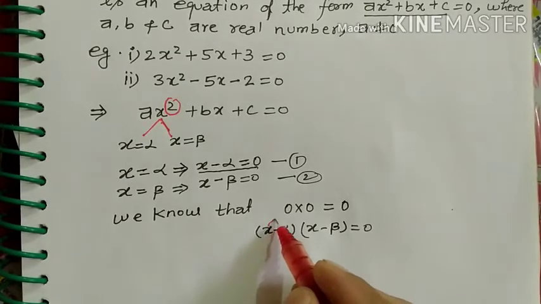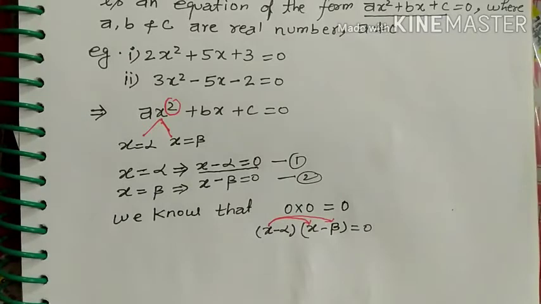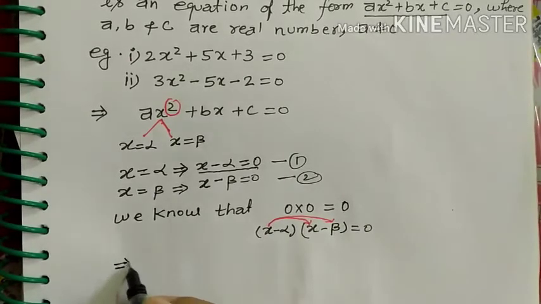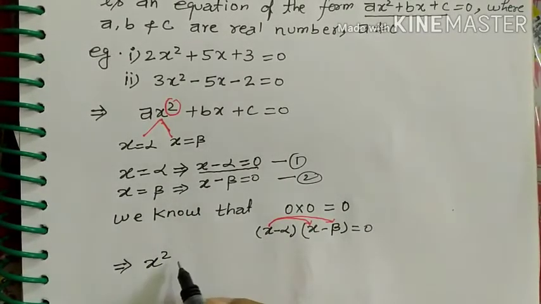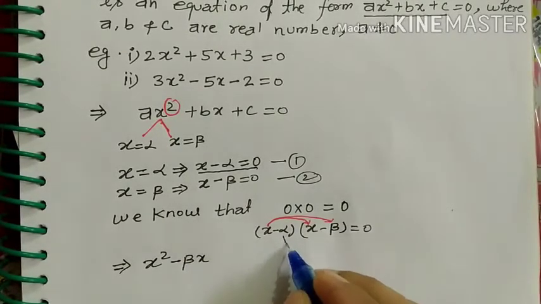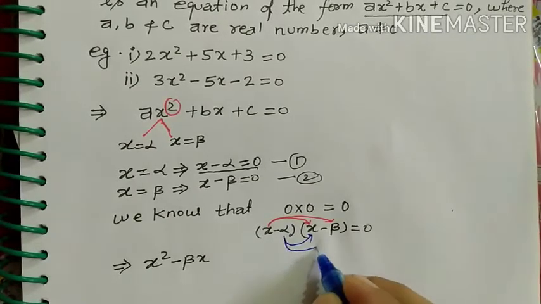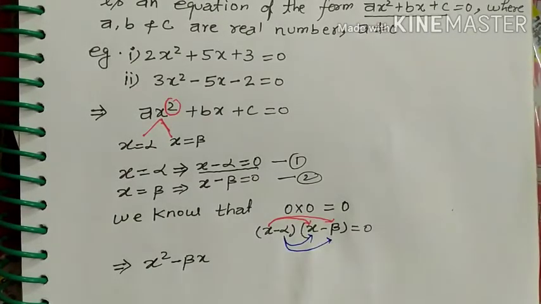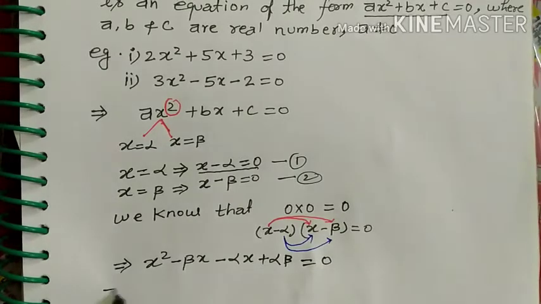First, x multiplied by x and x multiplied by beta gives x square minus beta x, and multiplying alpha by x and alpha by beta gives minus alpha x plus alpha beta, which equals 0.